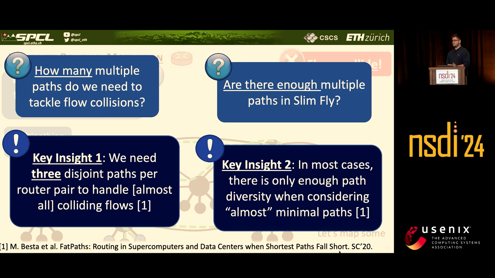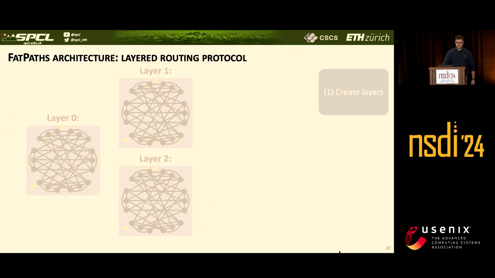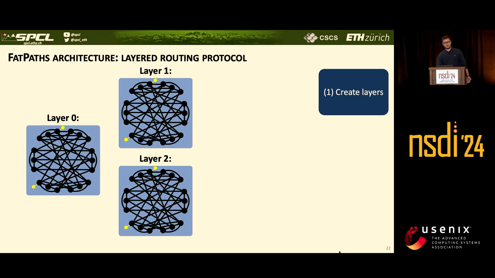In the case of SlimFly, where we have a diameter 2 topology, so the longest path is 2 hops, we say it's okay to use paths of length 3. So we go 1 hop longer. And how do we find these? Well, FatPaths proposed this idea of creating layers, and this was for the Ethernet stack.